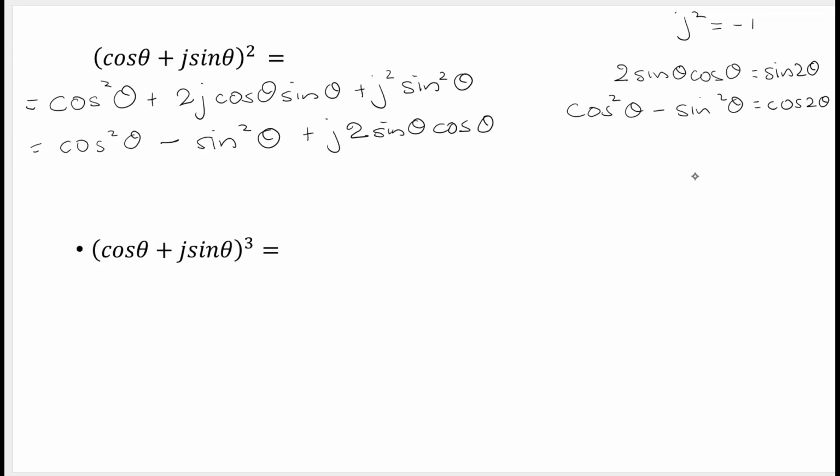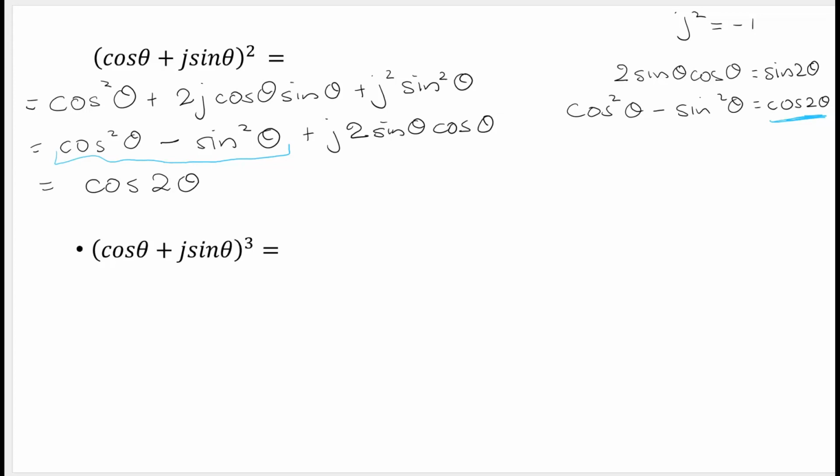Okay, have a look at what we've got then. Let's use some colour. Let's use blue. This bit here corresponds to cos 2 theta. So that's cos 2 theta. And again, let's use some colour.